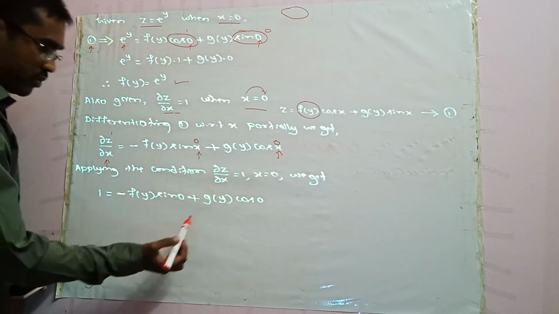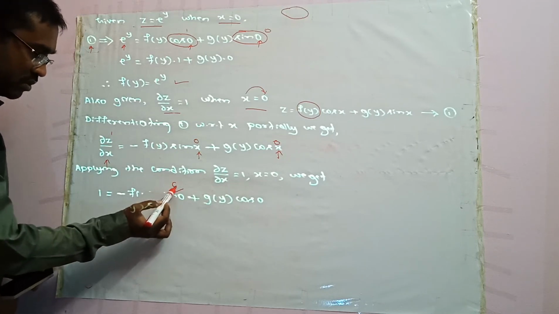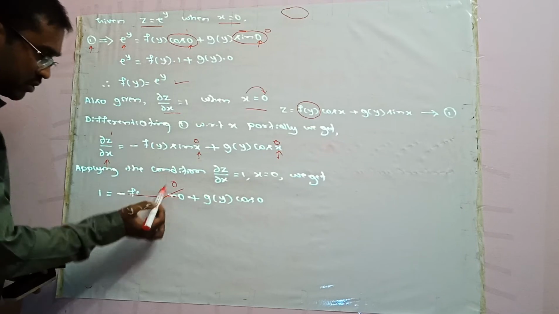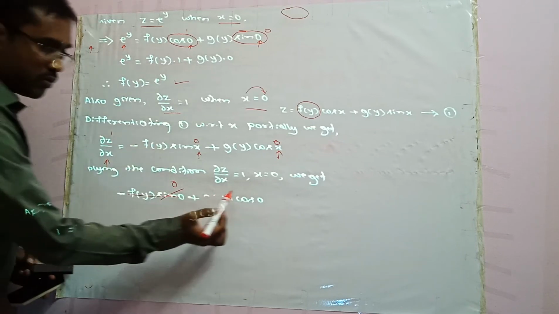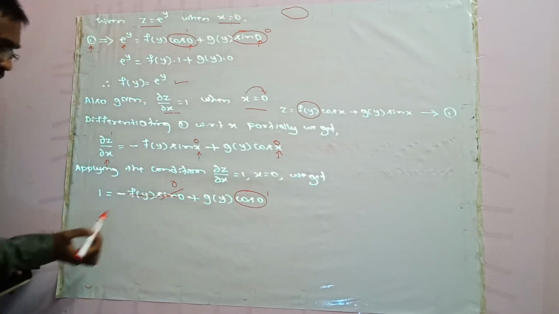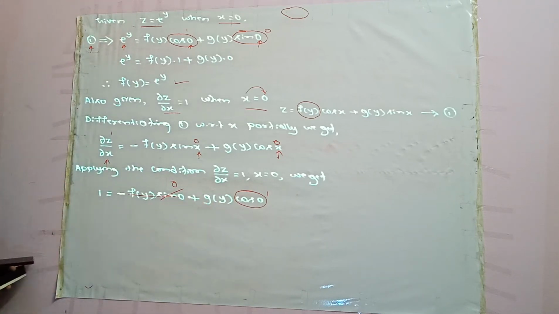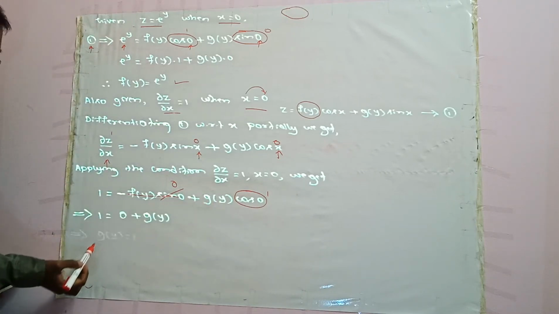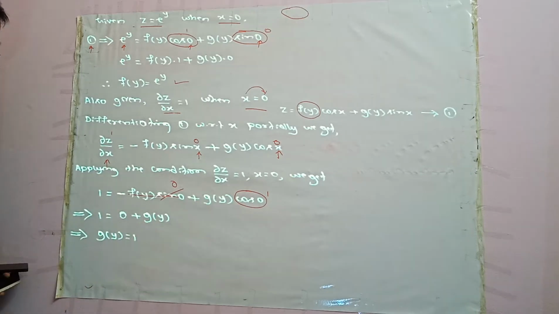What is the value of sin 0? It is 0, so completely this term will go to 0. What is cos 0? Cos 0 is 1. So what remains is g of y is equal to 1.